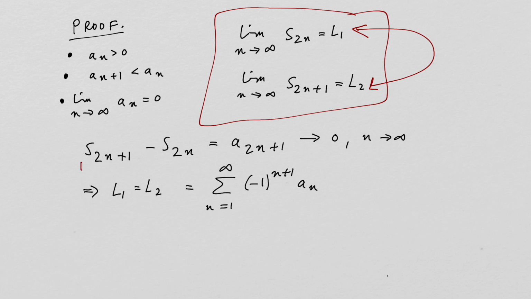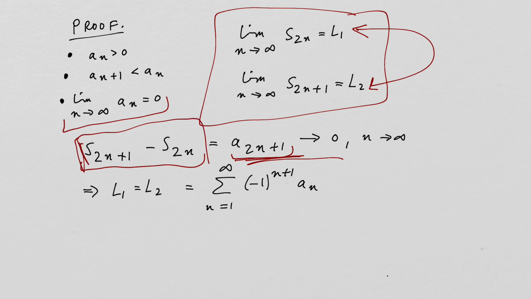The difference of s_(2n+1) and s_(2n) is the term a_(2n+1) in the series. Now, we know from our assumptions that the general term of the series goes to 0, so this difference will go to 0. Because of this fact, these sequences have to converge to the same number. So our limits are the same.